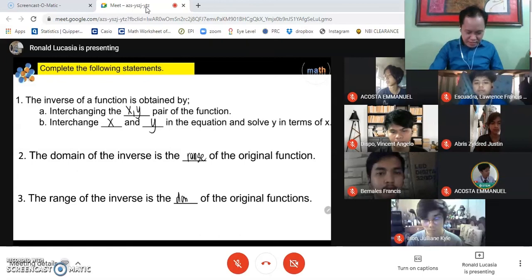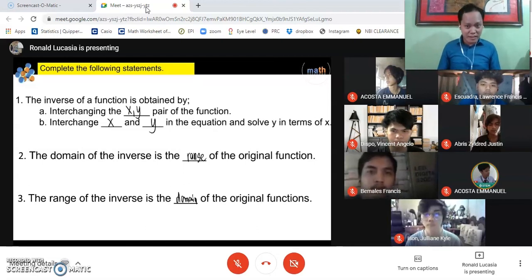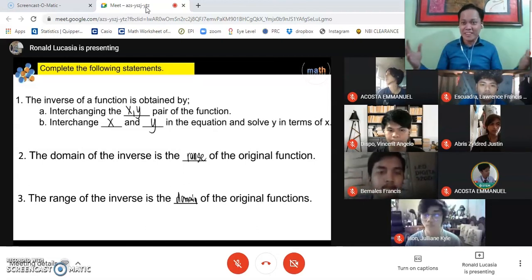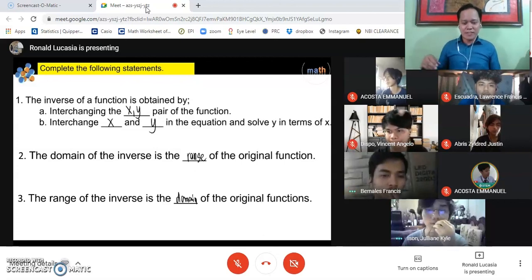That's good. So actually, those are the steps in finding the inverse of the given function. Are we all clear? Do you understand how to get the inverse of the given function? Yes. Okay, very good.